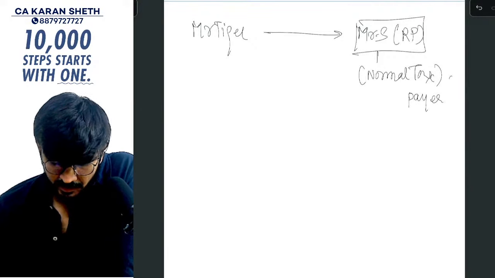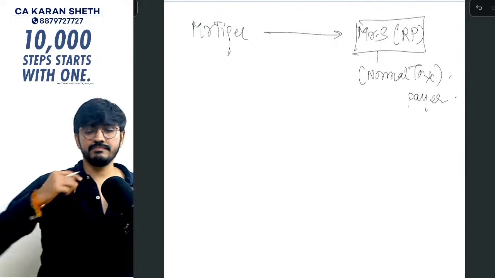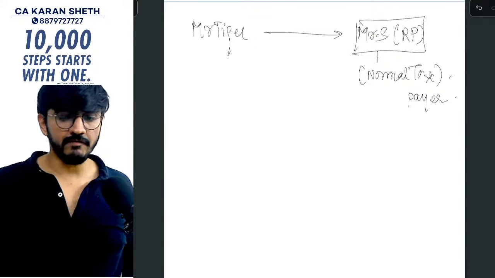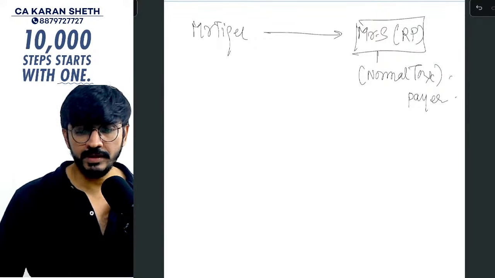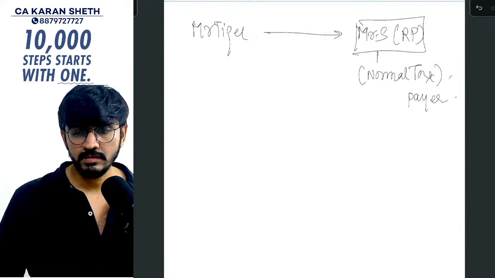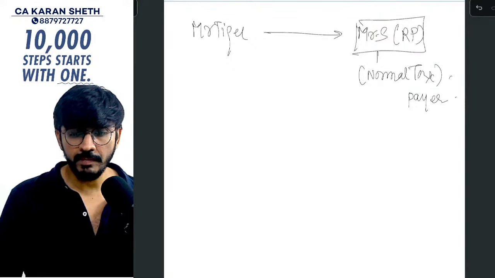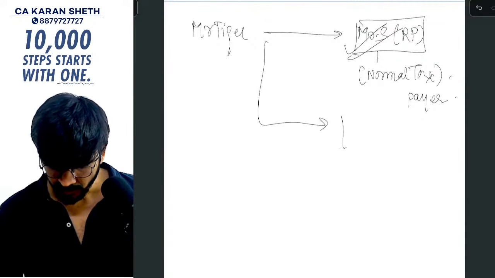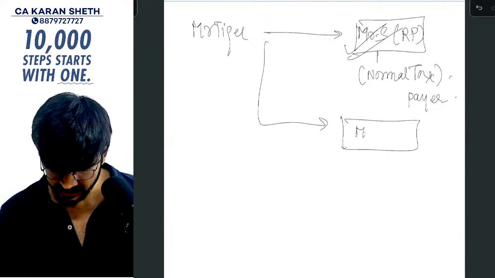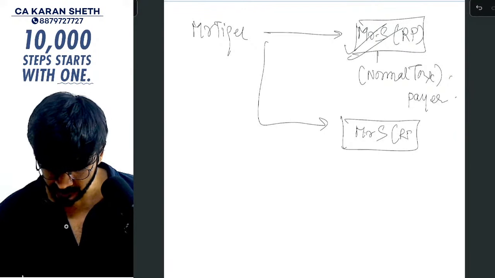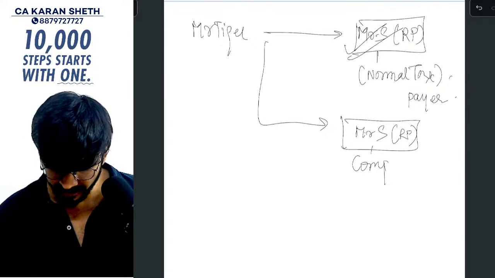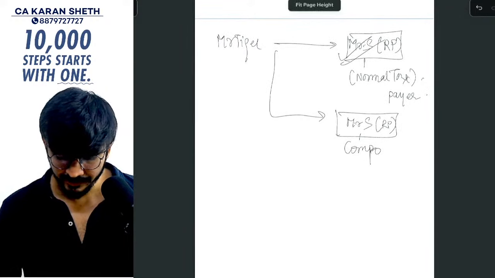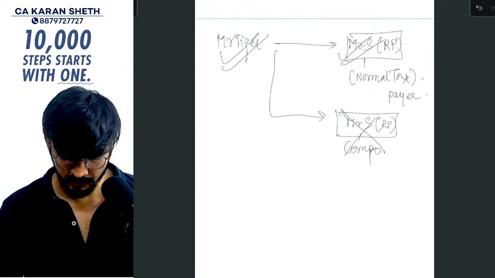Tiger or Mr. Salman? Who will pay tax? Mr. S. Correct. Okay. For example, if I say Mr. S is a registered person but a compo taxpayer, so who will pay tax? Recipient? No. Tiger will pay.